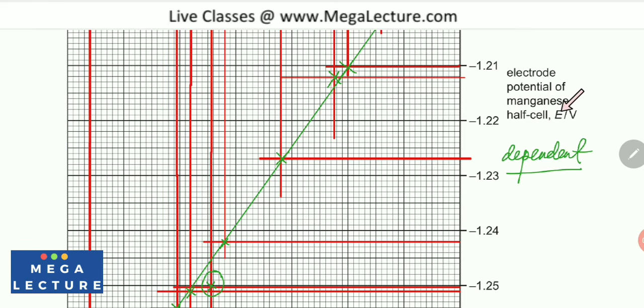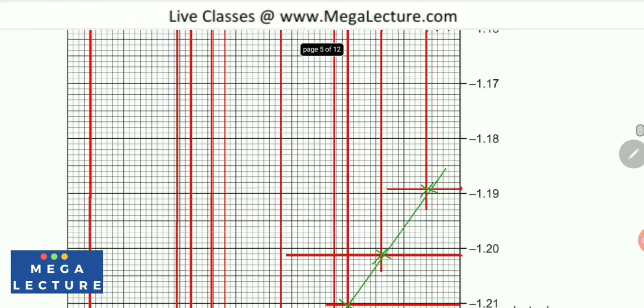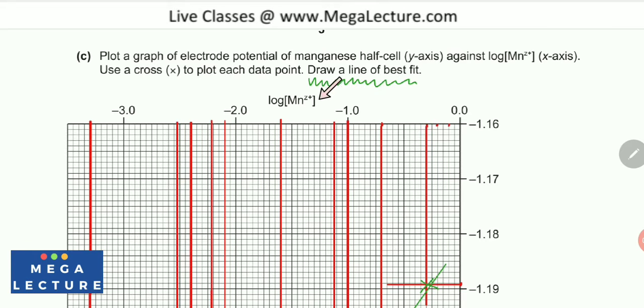This is the dependent variable. You probably made an error in your independent variable over here on the x-axis. So when you're searching for why your points are not coming out to be correct, look at the variables that are in your control. The concentration of MnZ plus is in your control. So you probably made a mistake over here.